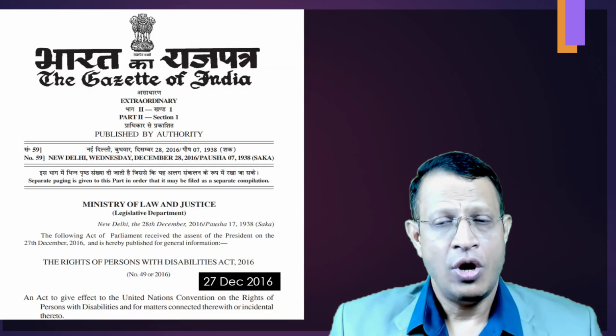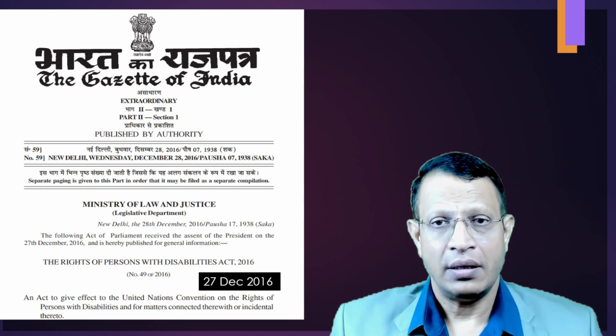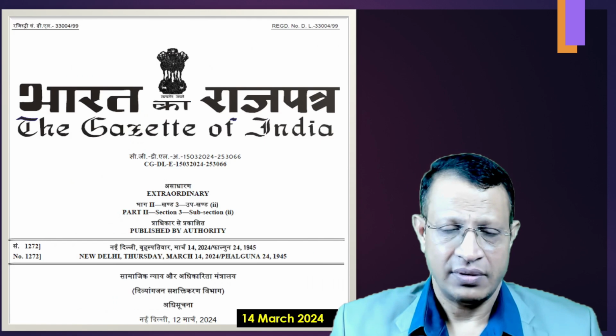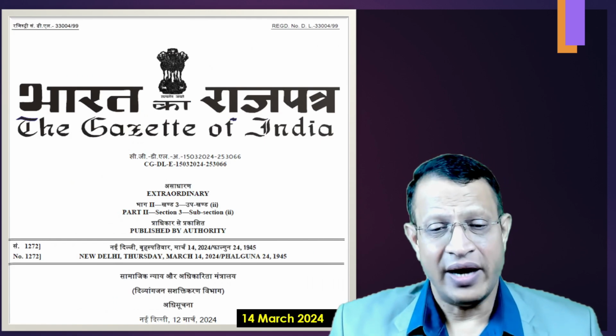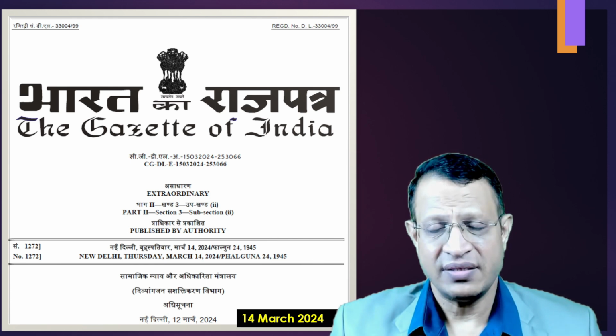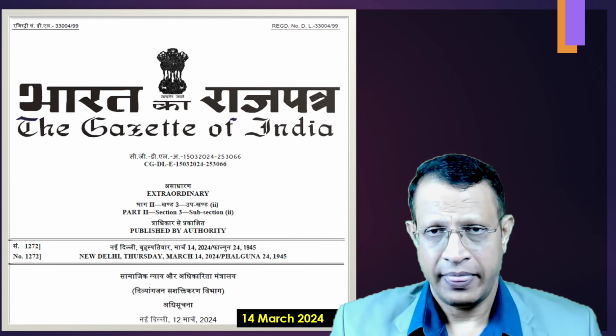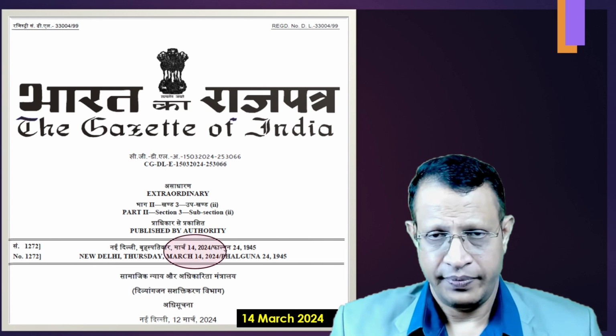As you know, on 27 December 2016, Right to Persons with Disability Act was passed in the Parliament. Later the rules, and now the second edition of the Disability Assessment Guidelines have been notified. This was notified on 14th March 2024.